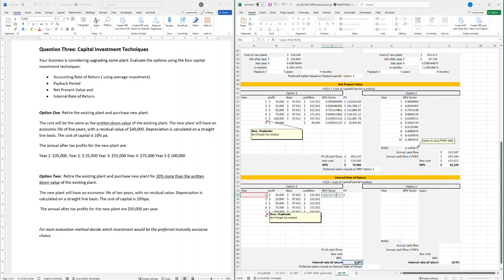Instead, we use F91, and make sure you give it a $ sign, so every single one will use the same one. I must have copied it wrong. That should be 40 grand.